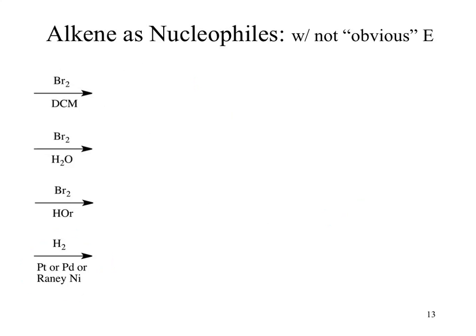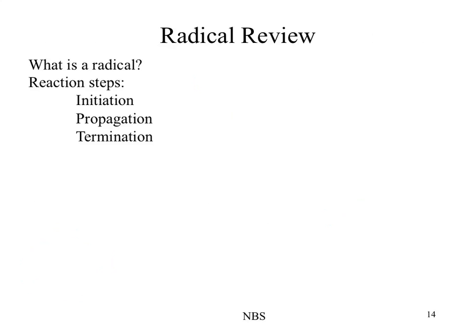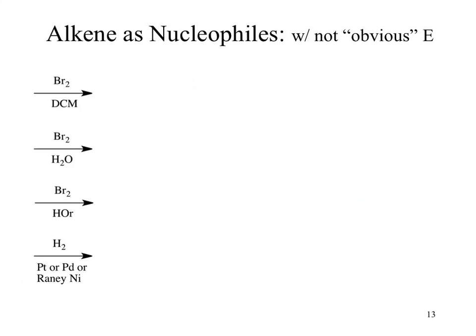And once attached to the platinum surface, the platinum will facilitate the transfer of hydrogens. And what we'll end up with, at the end of that, will be an alkane. We will have removed the alkene functionality and turned it to just carbon and hydrogen sp3 bonds.